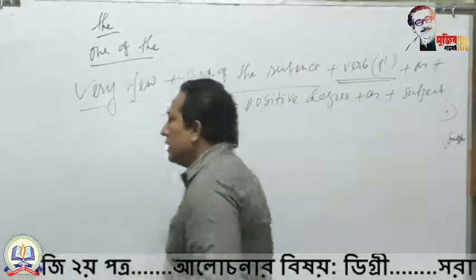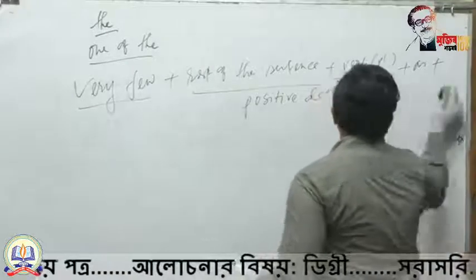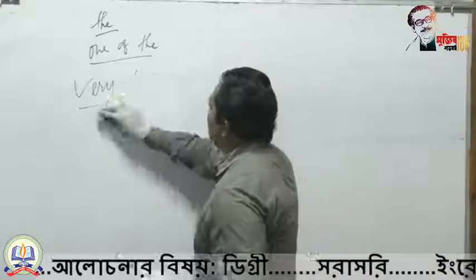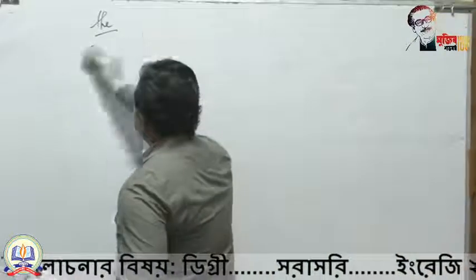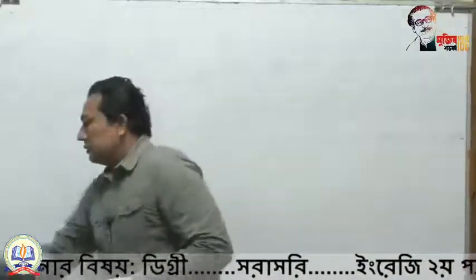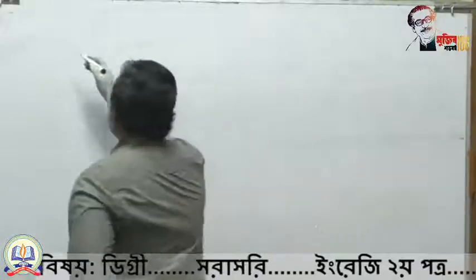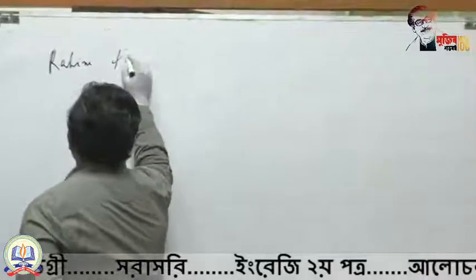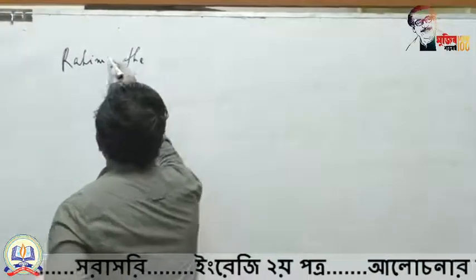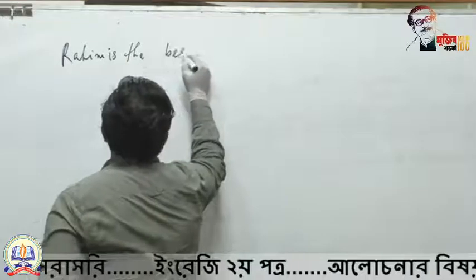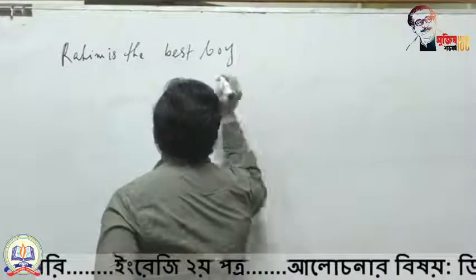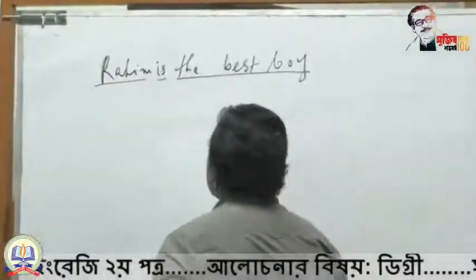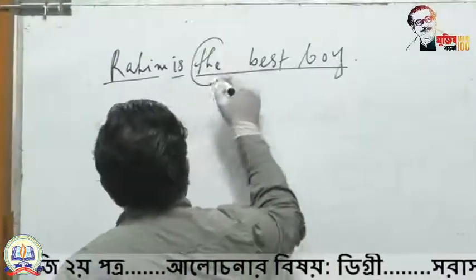If we give some examples, I think it will be clear. Suppose Rohim is the best boy. Subject, verb, the rest of the sentence. Now we have found "the."